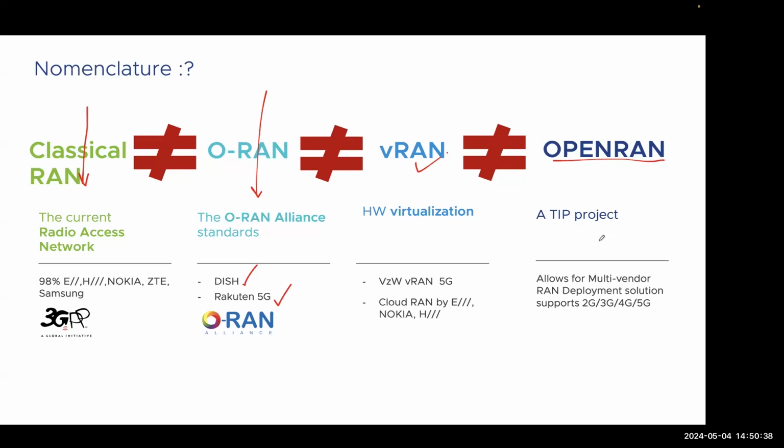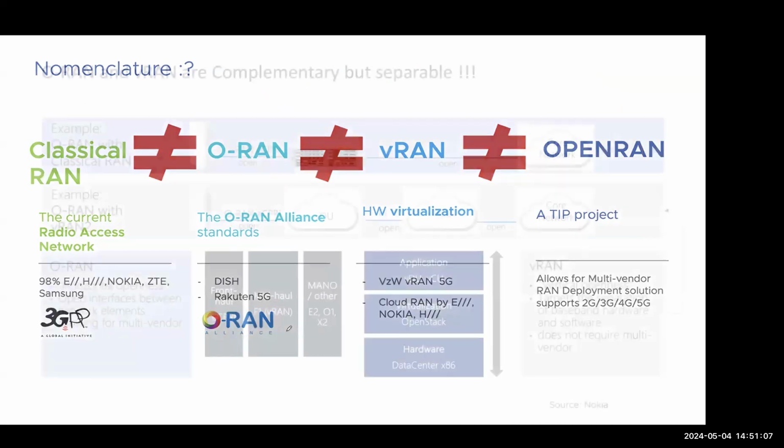Some of this work in the TIP has been readjusted because they joined hands with the ORAN Alliance. Also, by the way, ORAN Alliance and 3GPP had a memorandum of understanding to join forces, avoid any overlaps and also accelerate specification. Similarly, ORAN Alliance also had a memorandum of understanding with the Linux Foundation.